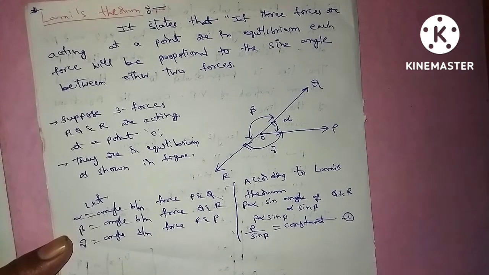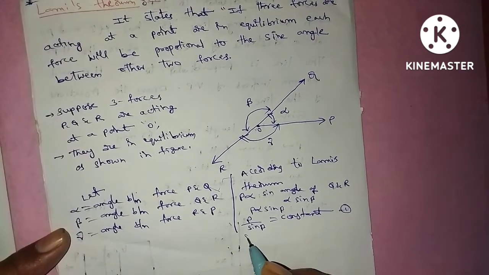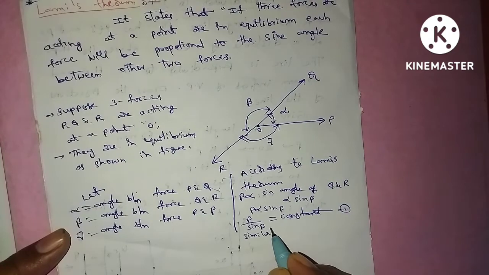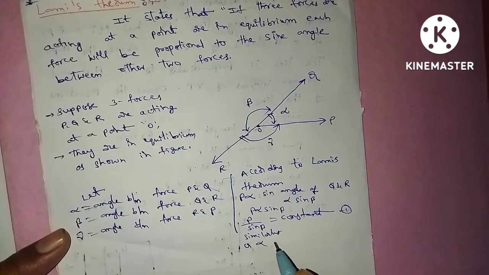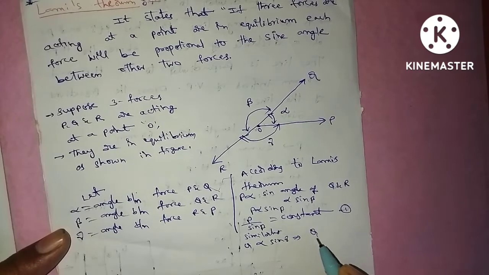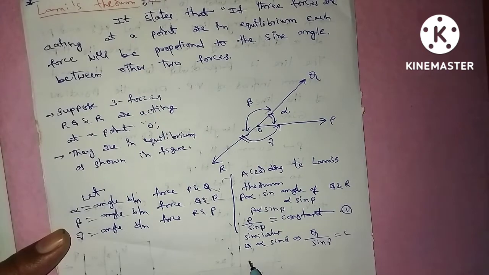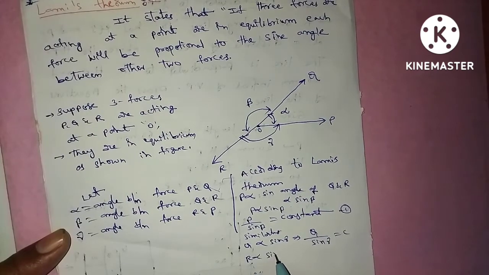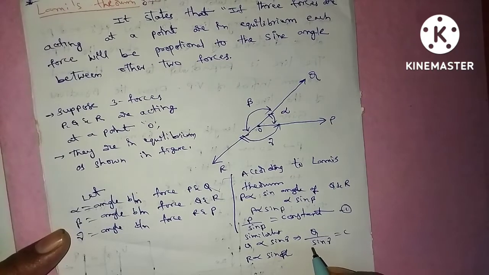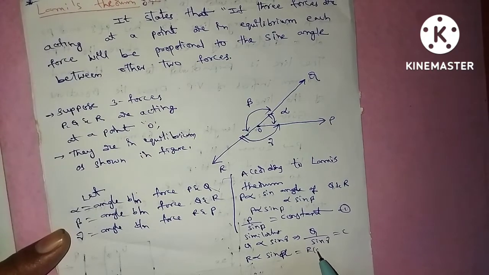Similarly, force Q is also proportional to the sine of the angle between the other two forces P and R. Q is directly proportional to sine gamma. Q by sine gamma is equal to a constant. And also R is directly proportional to sine alpha. So R by sine alpha is equal to a constant.